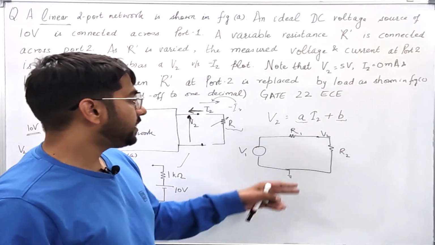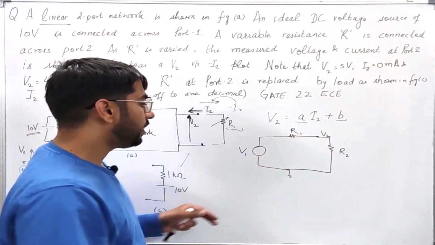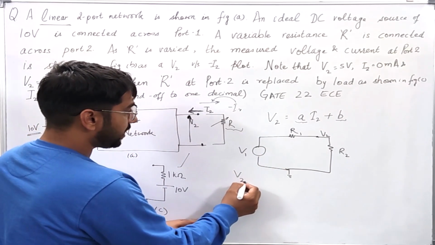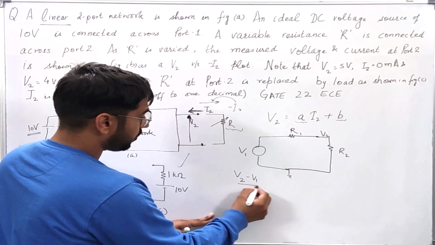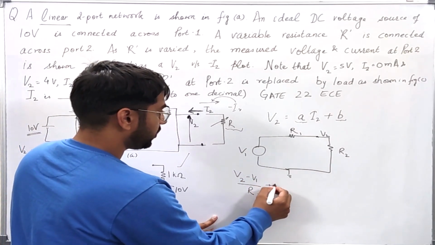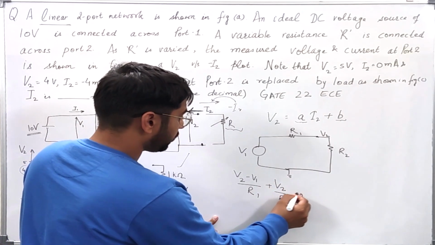Now if we want the value of V2, we will solve it using the nodal method: (V2 minus V1) over R1 plus V2 over R2 is equal to 0.